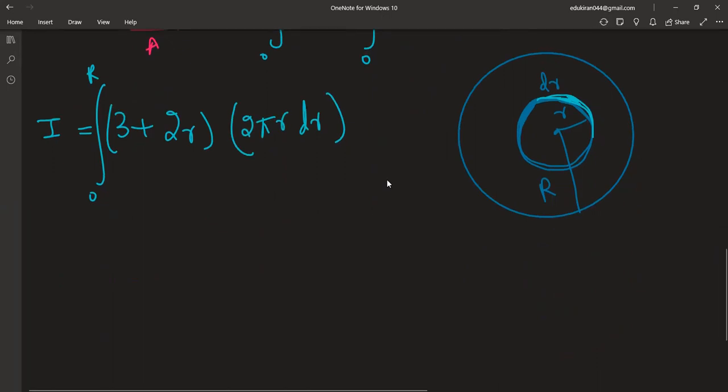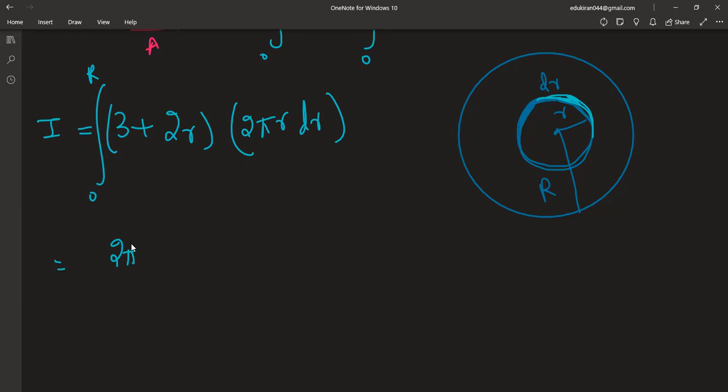Now look, 2 pi r dr is there. So if we integrate, 3 is a constant number itself. We just have to integrate it now. So we'll integrate it separately. 2 pi, you can take this as common.